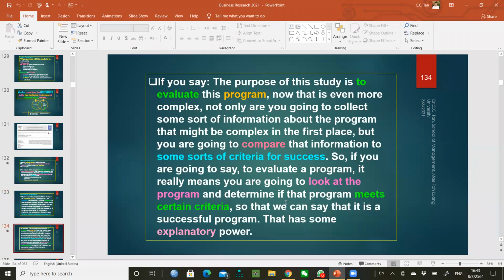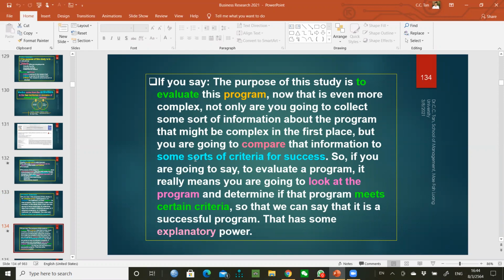If you say the purpose of this study is to evaluate this program, now it's even more complex. Not only are you going to collect some information about the program, which might be complex in the first place, but you're also going to compare that information to some other criteria that have already been successful, so that you can provide some evaluation.